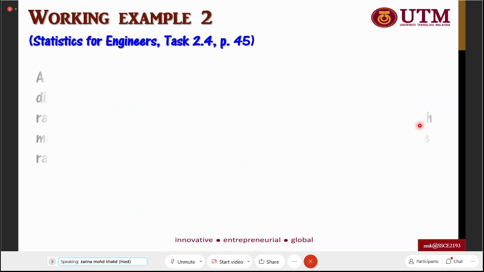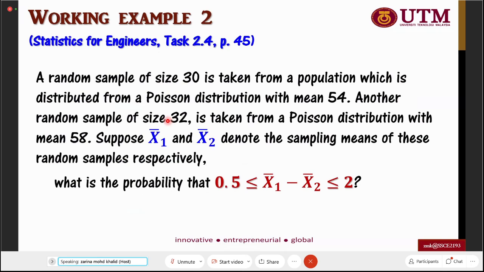The first sample size is 30 and the second sample size is 32. For Poisson, the mean is the parameter that defines the distribution. So the first mu is 54 and the second one is 58.